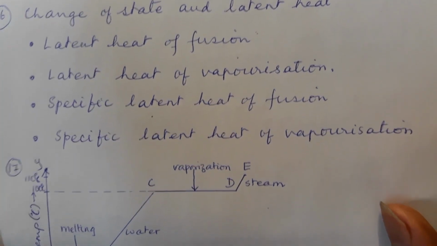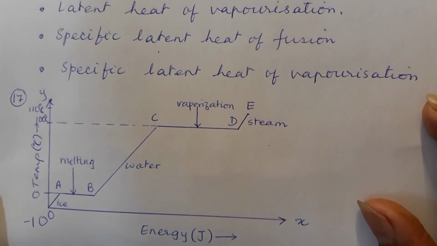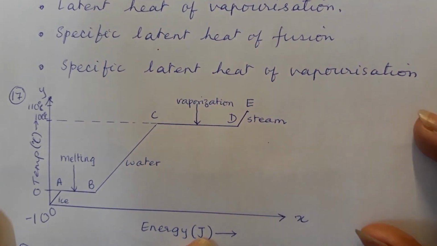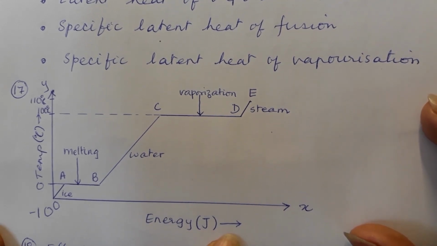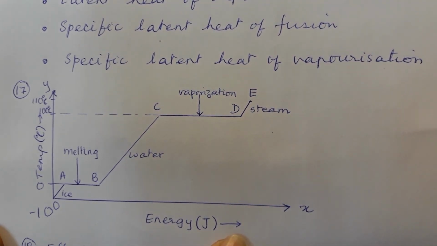So now let us come to the next part, which is the graphical representation, the heating curve. The heating curve, and also you have to learn the cooling curve. I have shown you only the heating curve.